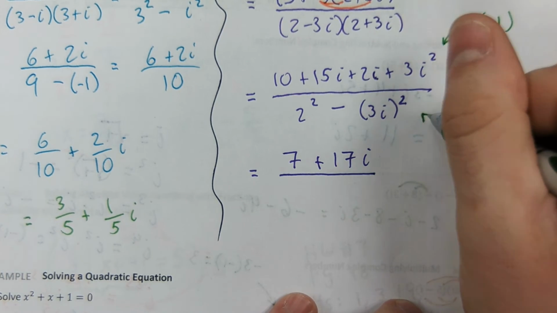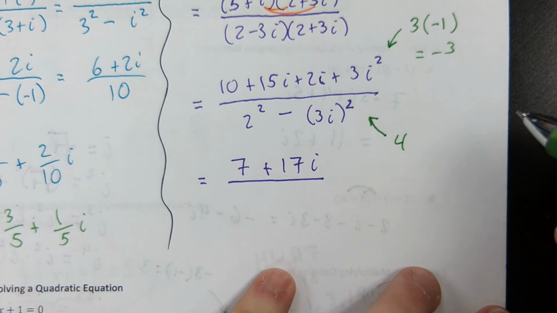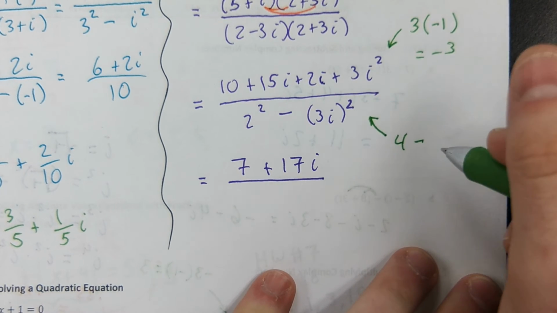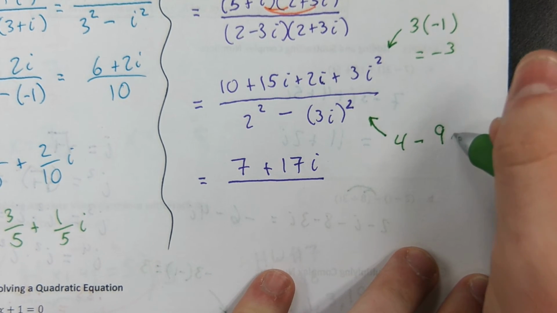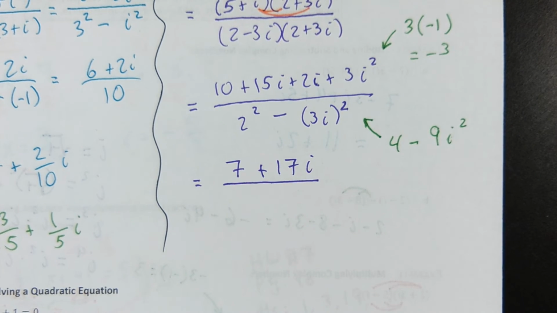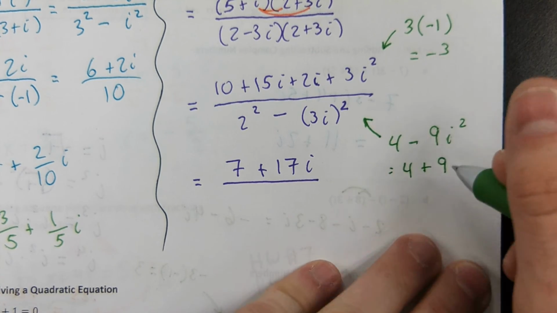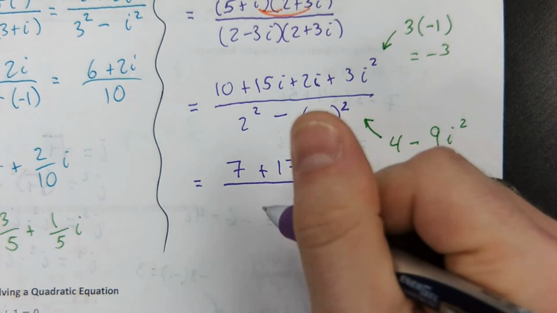Well, 2 squared is obviously 4. 3 squared is 9, i squared is i squared, but what is the value of i squared again? -1. So this actually says -9 times -1, which is going to give us 4 plus 9. And that's why our denominator is 13.